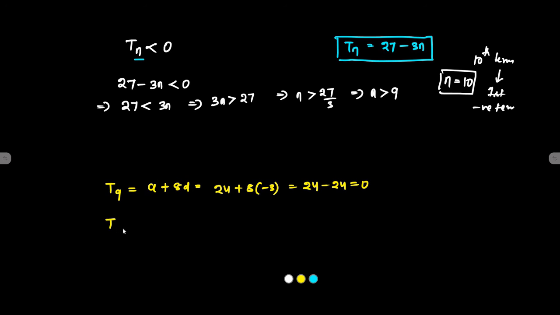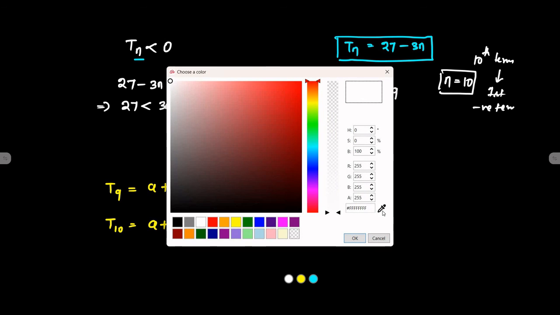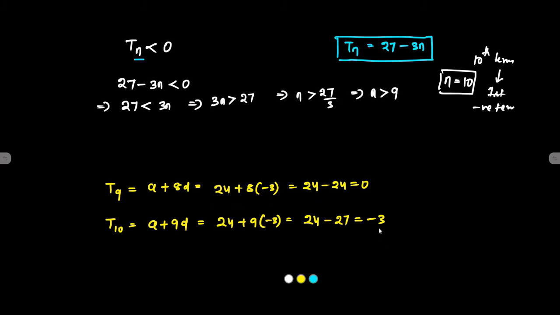The 10th term is a plus 10 minus 1, so a plus 9d, so it is 24 plus 9 into minus 3, so 24 minus 27 is equal to minus 3. So this is the first negative term in the AP.